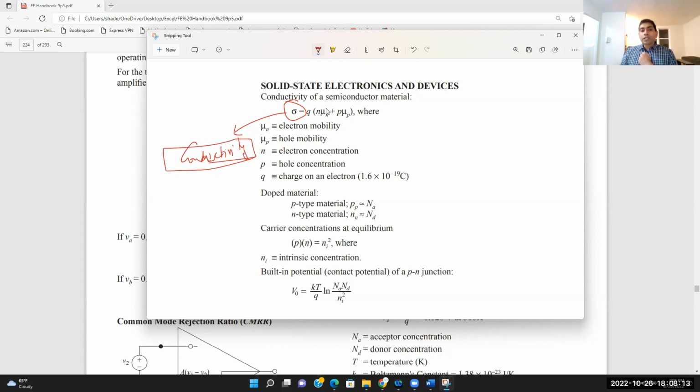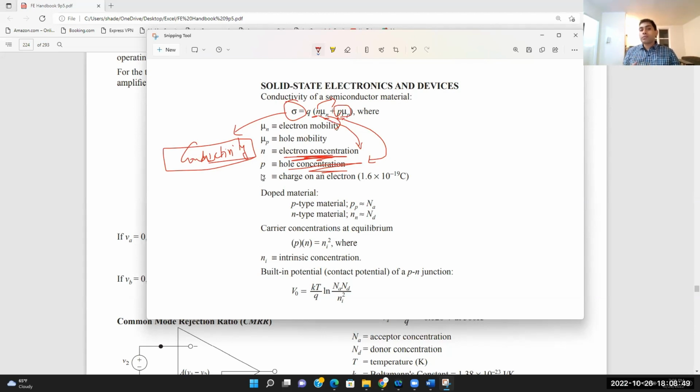you would basically use this equation, where n, as you can see, is the electron concentration, and p is the hole concentration. So n is for electrons, p is for holes. This one is the mobility of electrons. Multiply the mobility of the electrons with the concentration of electrons, and the mobility of the holes with the concentration of holes, and you just add them up.